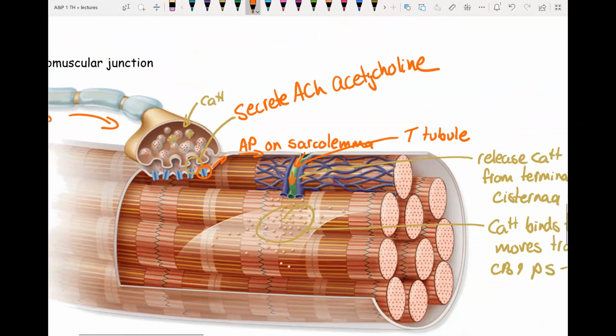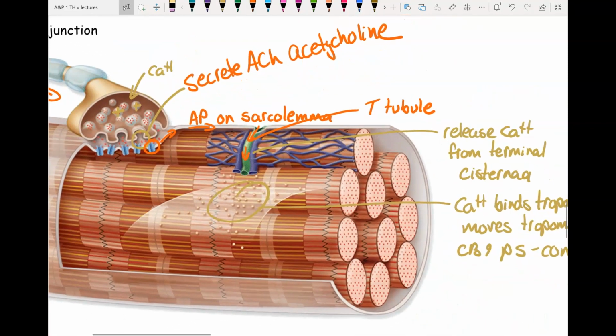The terminal cisternae has voltage-regulated calcium gates. The terminal cisternae is just like the synaptic knob.